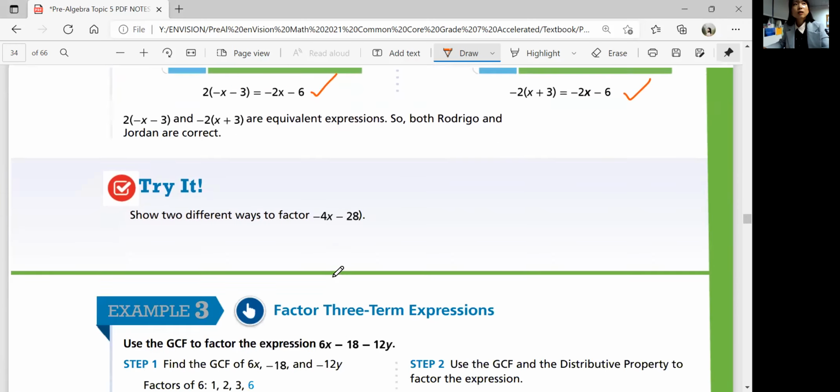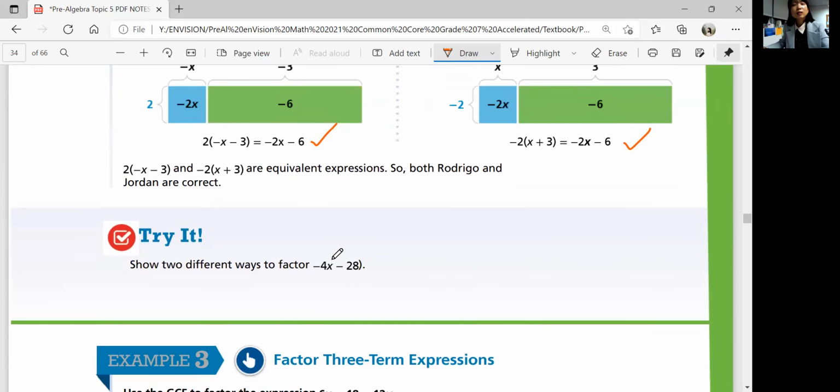So let's see if you can factor negative expressions in 2 ways. Show 2 different ways to factor this. Okay, one Rodrigo way, another one should be a Jordan way. Okay, the first one you can factor out the positive number.